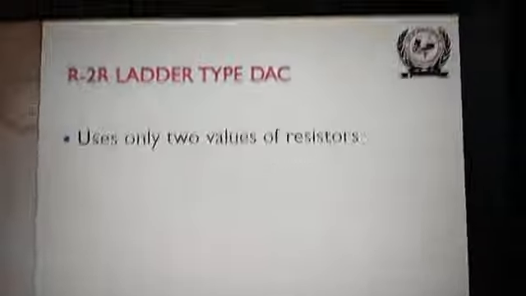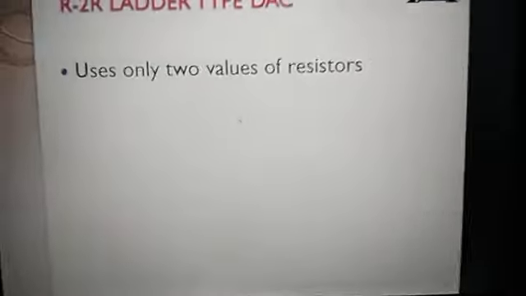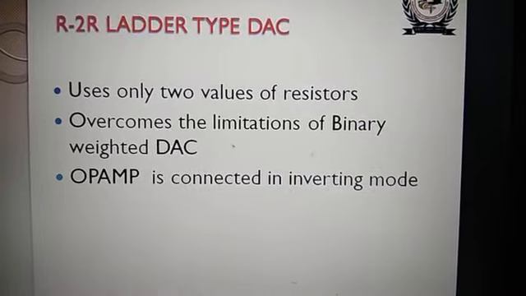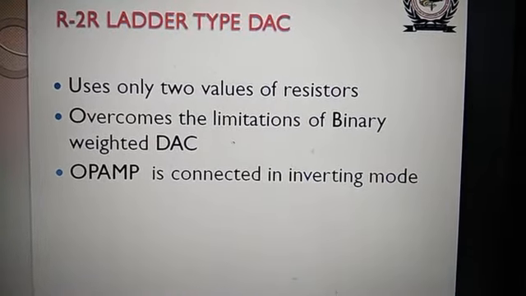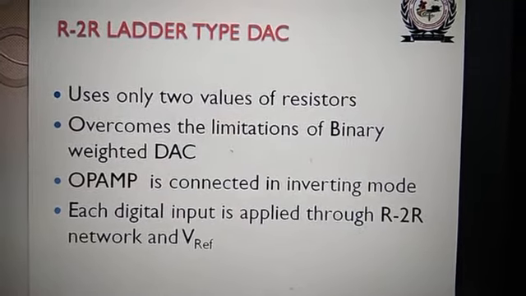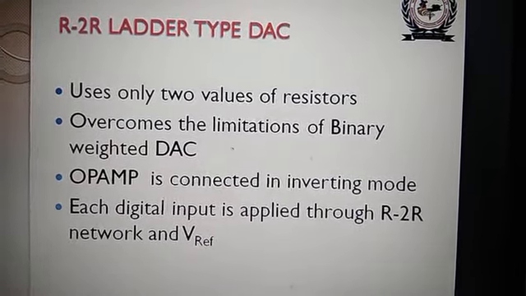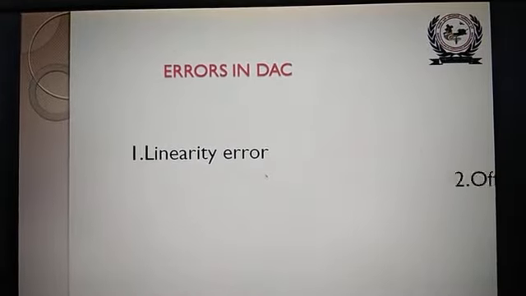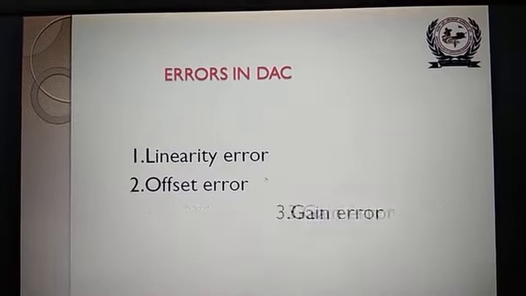This uses only 2 values of resistors, R and 2R, and overcomes the limitation of the binary weighted DAC. The op-amp is connected in inverting mode and each digital input is applied through R2R and V reference. This is the output which we have seen. And the errors in DAC are linearity error, offset error and gain error.